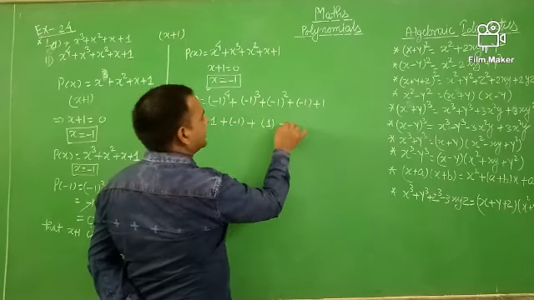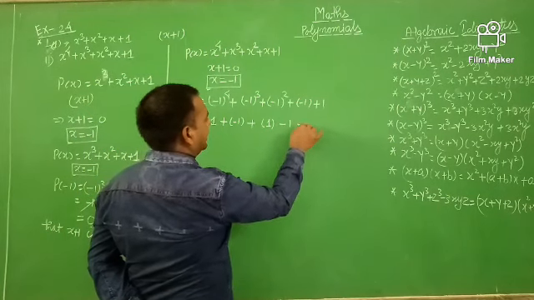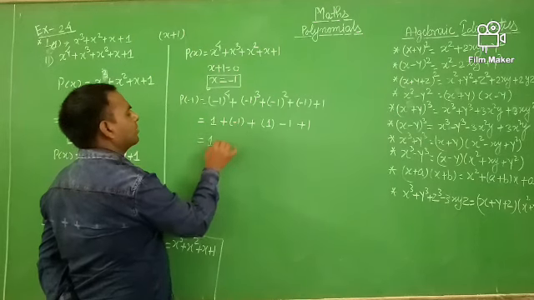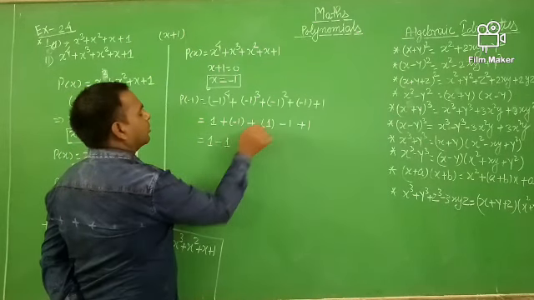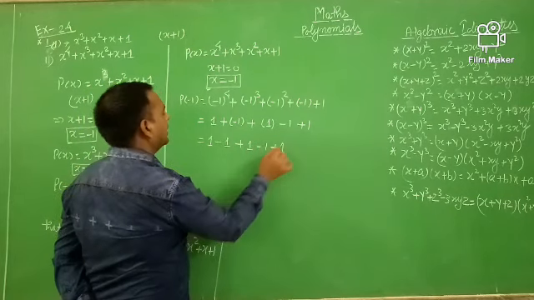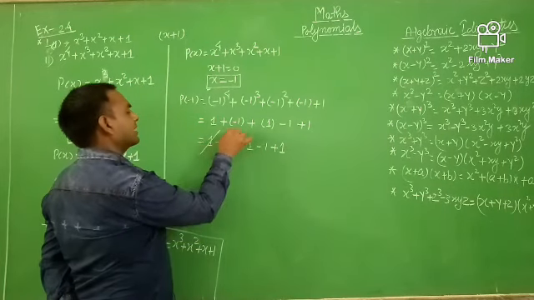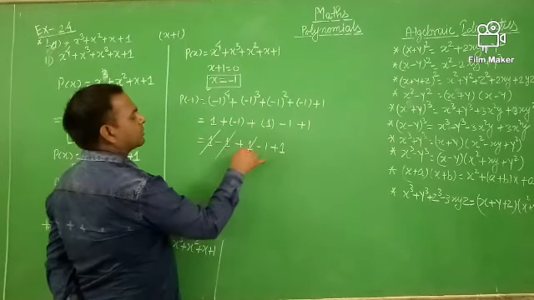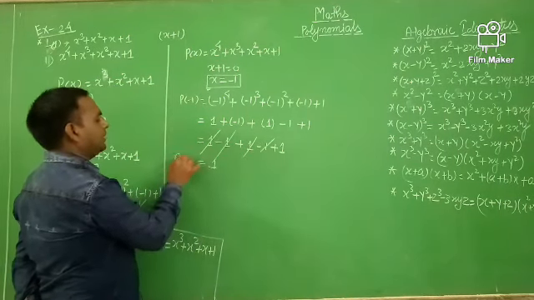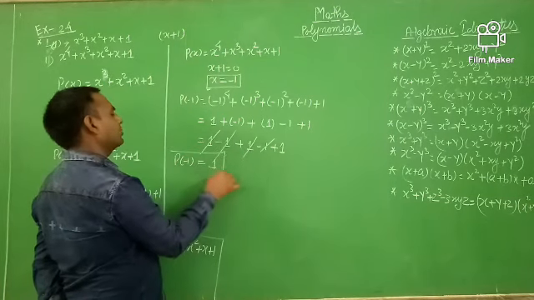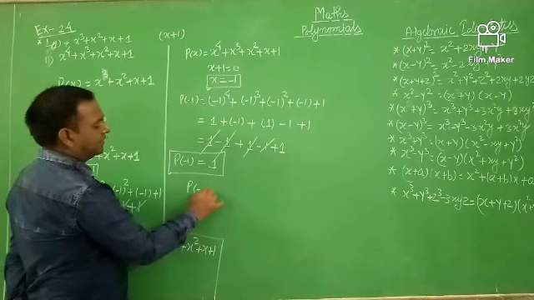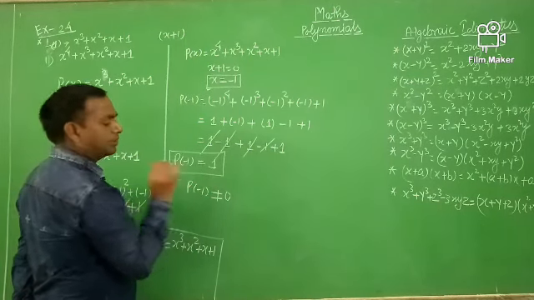Then minus 1 and plus 1. Then 1 minus 1 plus 1 minus 1 plus 1. Here you can see the terms cancel, and the answer is equal to 1. Here p(minus 1) is equal to 1. So you can say p(minus 1) does not equal 0.